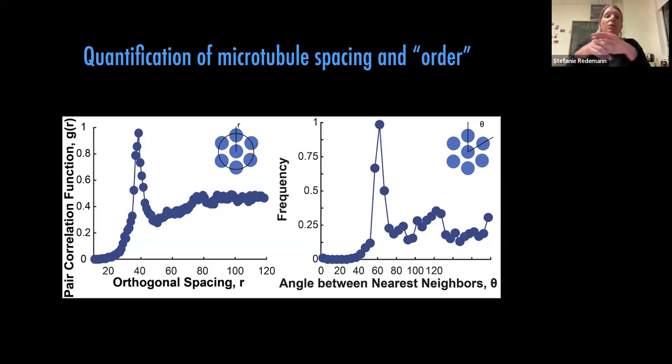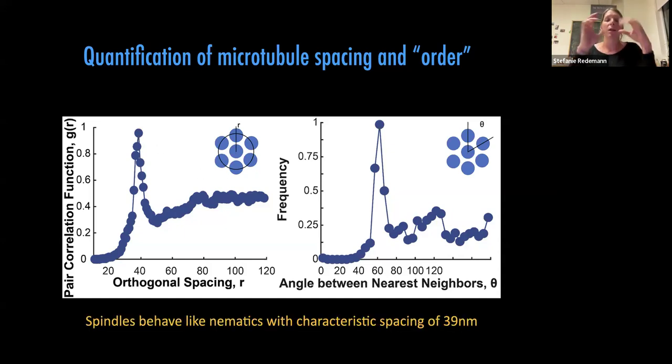And so if you do this in cryo, you can actually get the real distance between microtubules. And what we can see is that these microtubules have a spacing of 39 nanometers, and it's very characteristic. And so this really tells us that the microtubules in the spindle are kind of behaving like nematics, like liquid crystals.